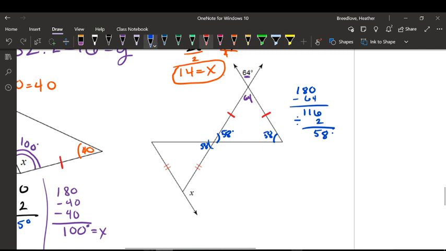I see it is also marked as an isosceles triangle, so that means its base angles are congruent. The base angles are across from the sides. So even if you're not sure, find a side, go across, that's 58. Find a side, go across, it's over here, that's 58 degrees also. That's the other base angle.